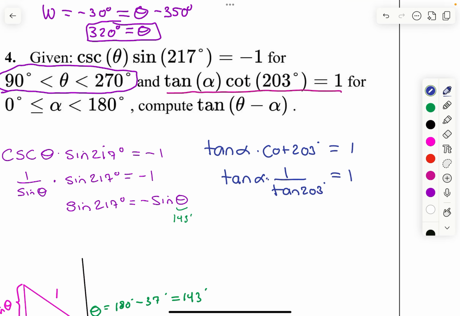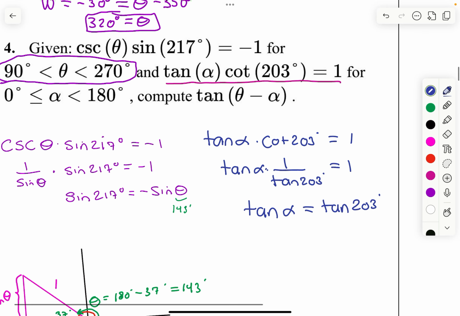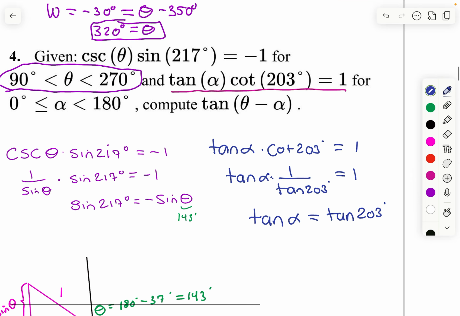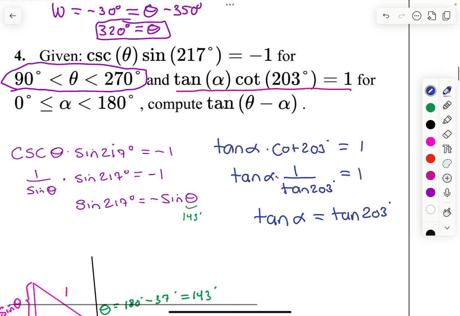Multiply both sides by tangent of 203, and we get this statement. Now careful, it's tempting at this point to think that alpha must equal 203, but that their tangents are the same doesn't mean the angles are the same. We've got to go look for the alpha that would make that true in between 0 and 180.